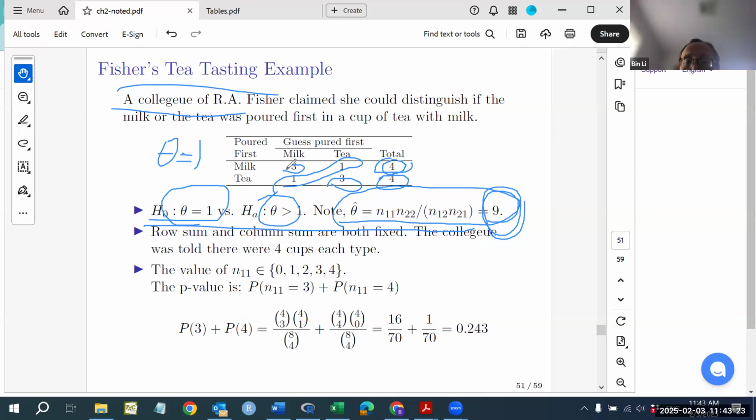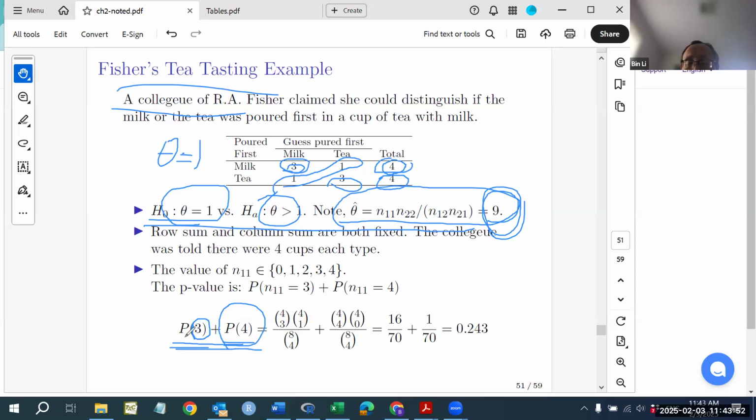What we observed is 3 out of 4. And what is more extreme? The more extreme case means we have 4 out of 4. So the probability of getting N11 equal to 3 plus the probability of getting N11 equal to 4 is the p-value for this one-sided test.